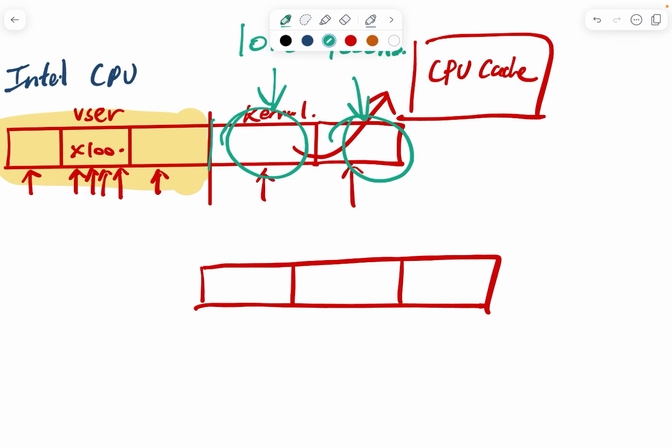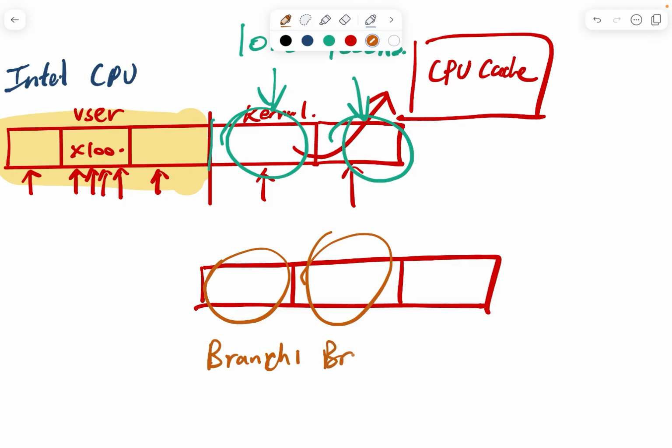So for some program, if you have accessed this piece of memory, it might mean that you have run branch 1. If you have accessed this piece of memory, you probably have executed branch 2, something like that, and you got something like this.